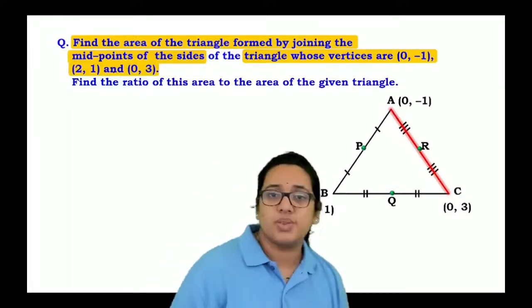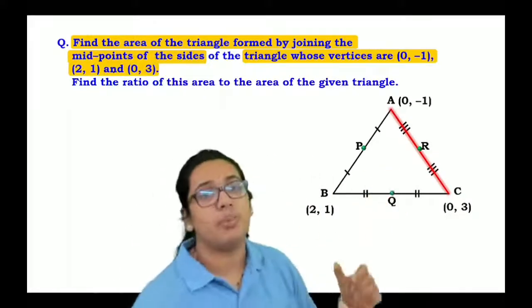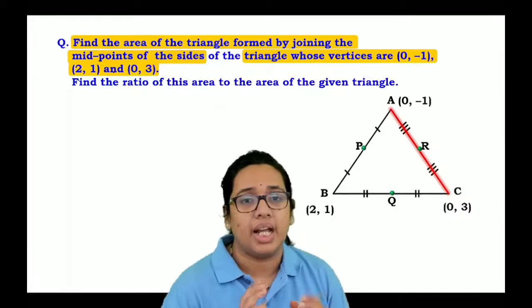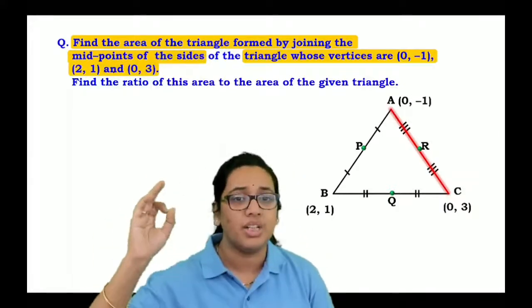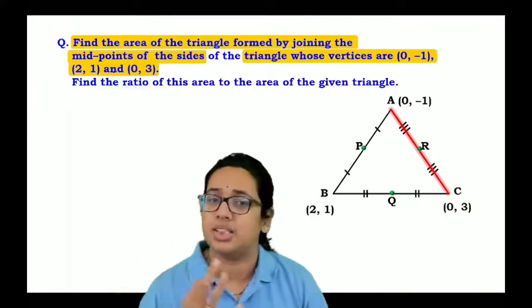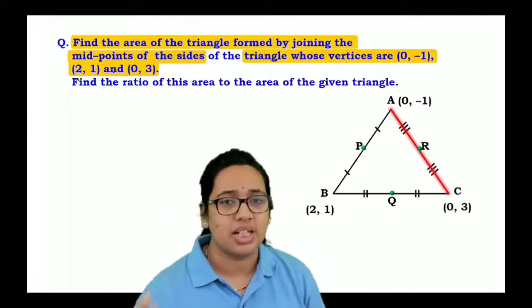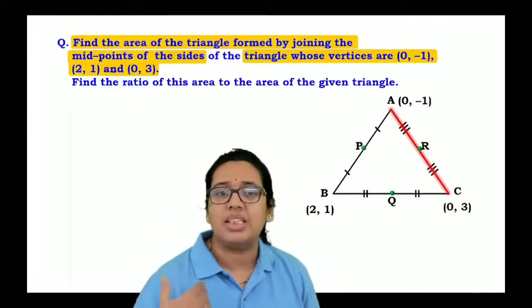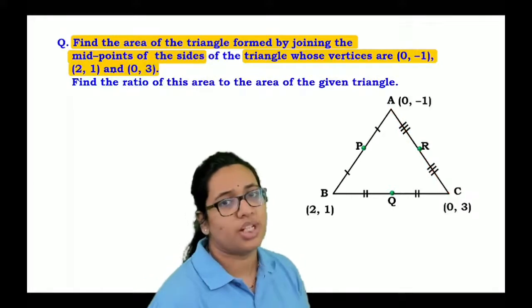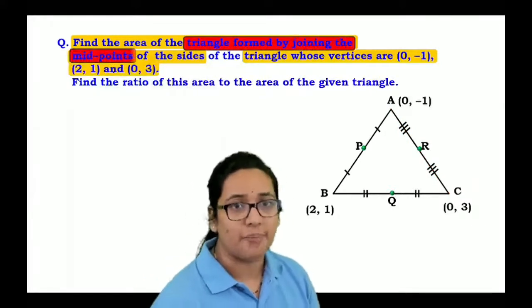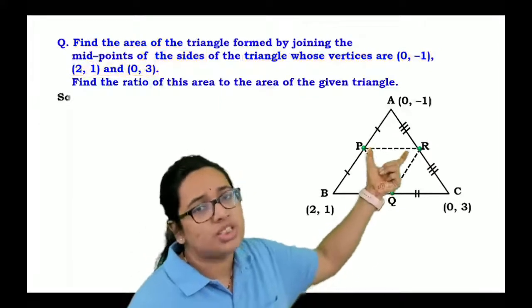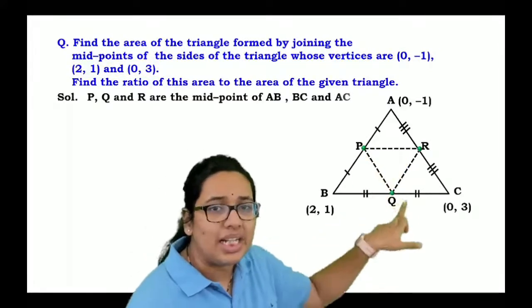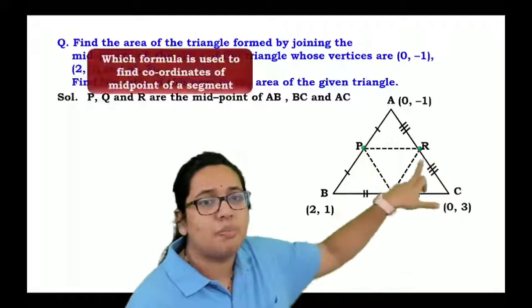Using this, you can easily find the coordinates. Then we have a triangle whose three vertices are known, so you can use Heron's formula to get the required area. We'll draw the midpoints we considered so that we get triangle PQR.